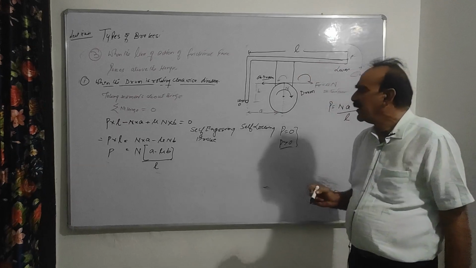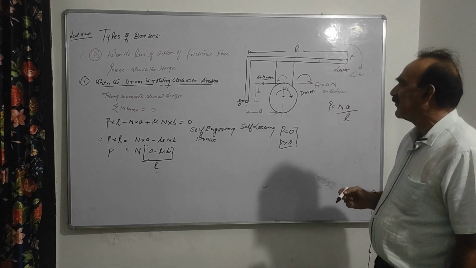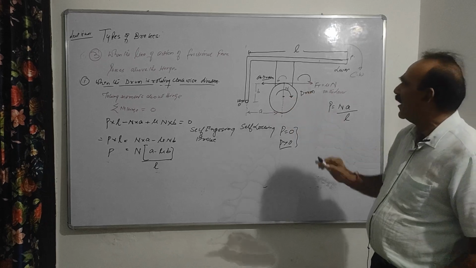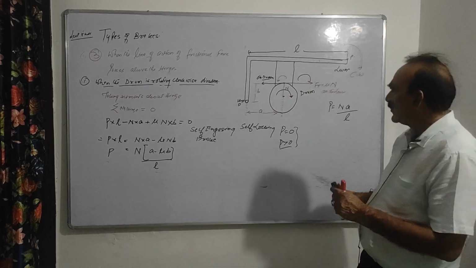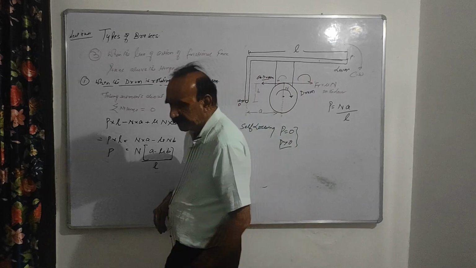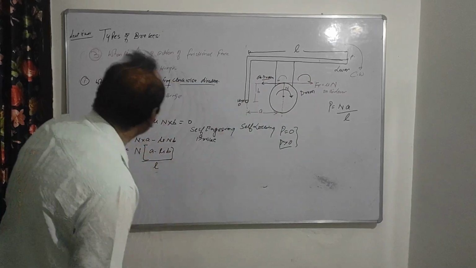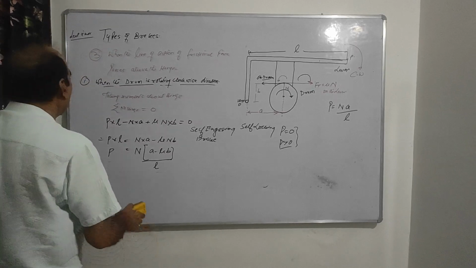So that your brake is not self-locking. So this is when the drum is rotating in the clockwise direction. Now the second case I will take, when the drum is rotating in the anti-clockwise direction.